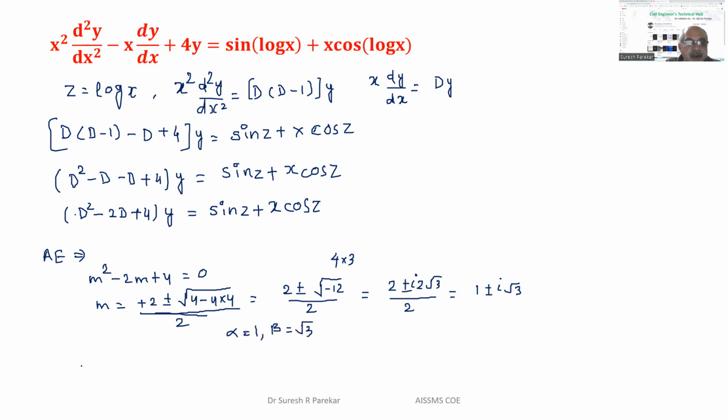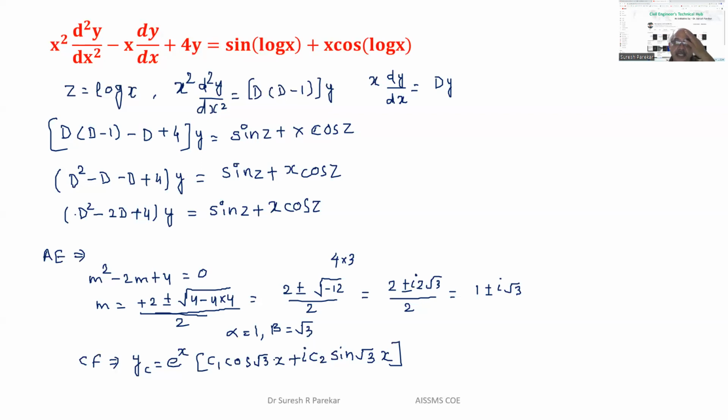And now we can write complementary function as yc equal to e raised to x in bracket c1 cos root 3x plus c2 sine root 3x. So if I forgot something somewhere, you have to keep in mind.